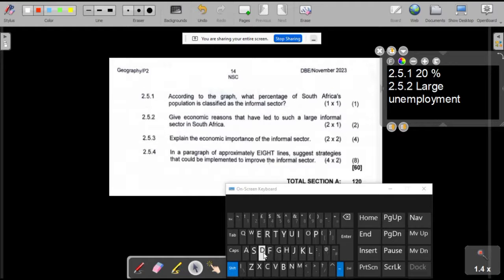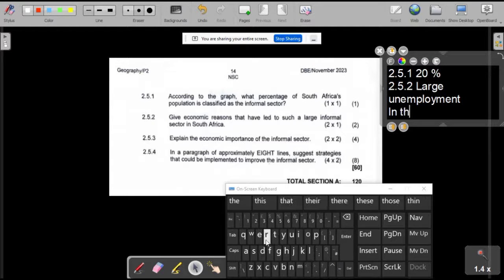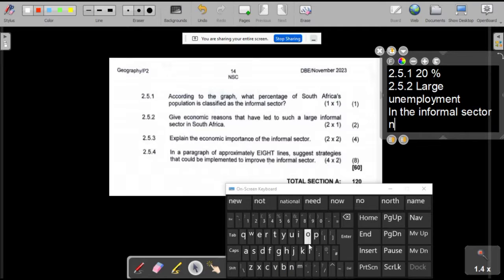Okay, and second of all, you do not pay taxes. In the informal sector, no taxes are paid, and hence a larger revenue.